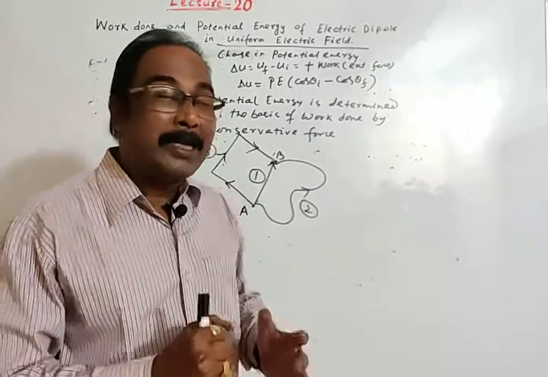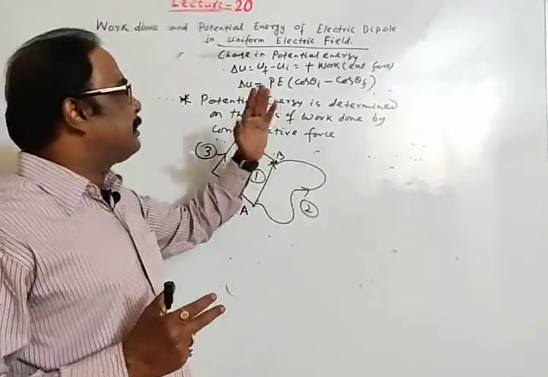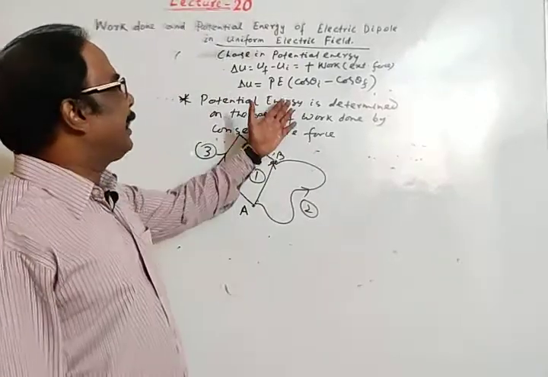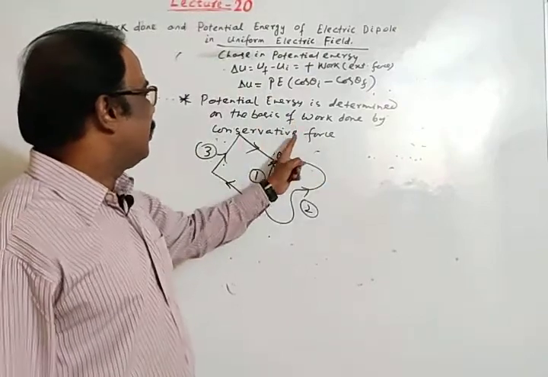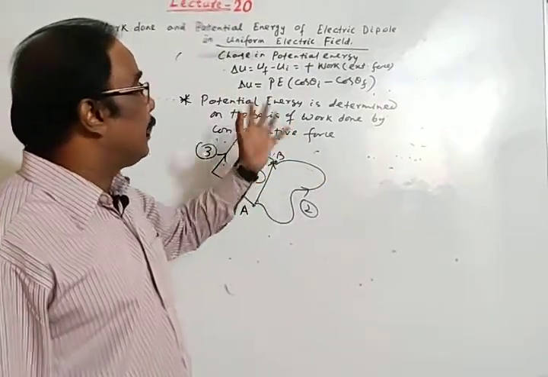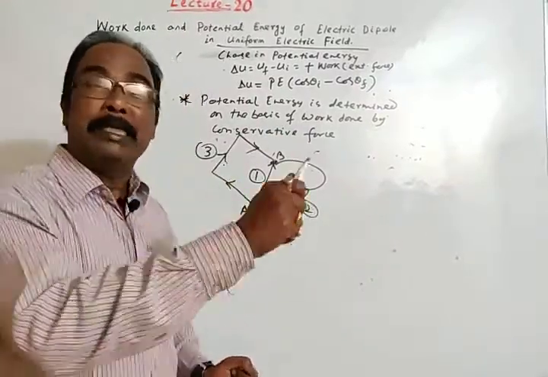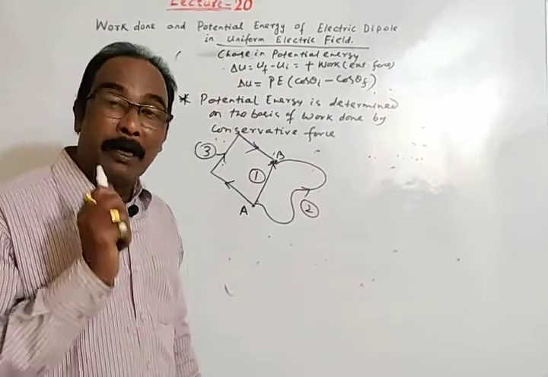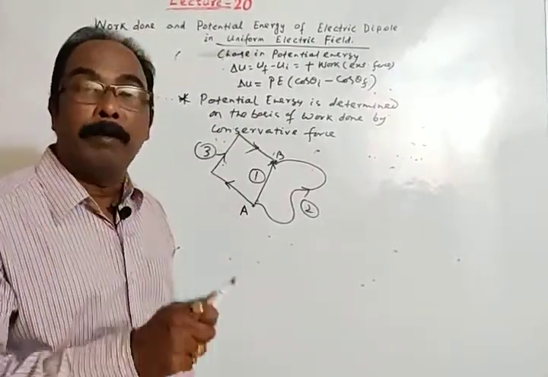Okay. But when change in potential energy we do calculate, you may take it change in potential energy by non-conservative force also, but when you will calculate potential energy, we have to take conservative force because conservative force is path independent.